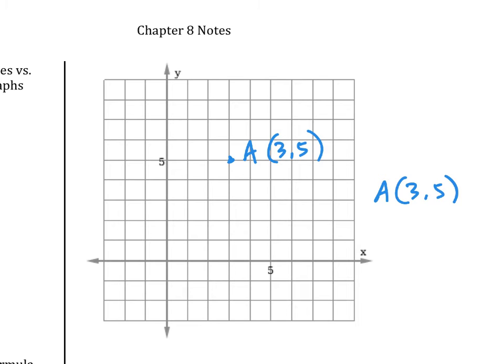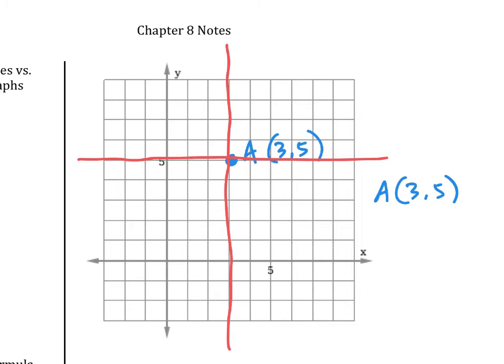This is pretty simple. What we're going to do is say this point 3, 5 is now going to set up the new origin of this axis. So basically A is going to be our new origin. So everything is relative to A now.